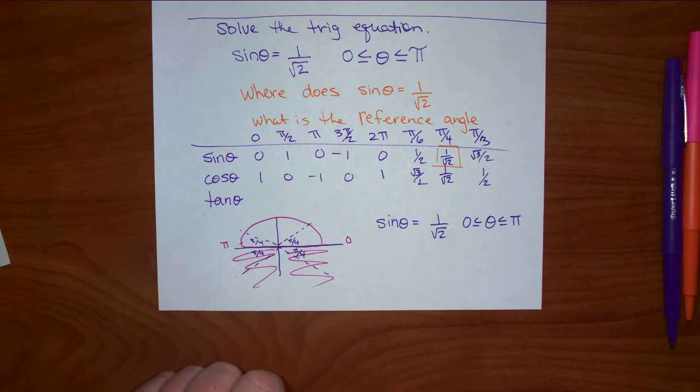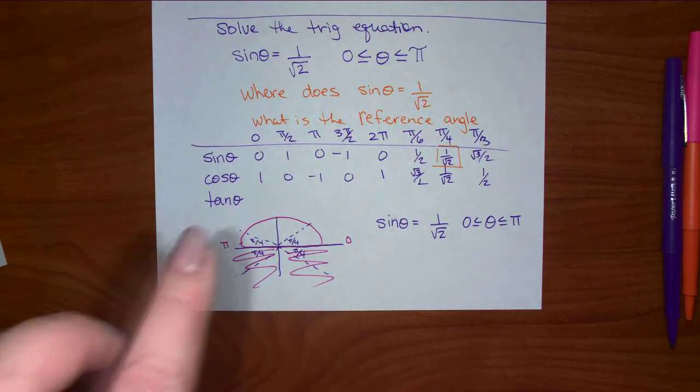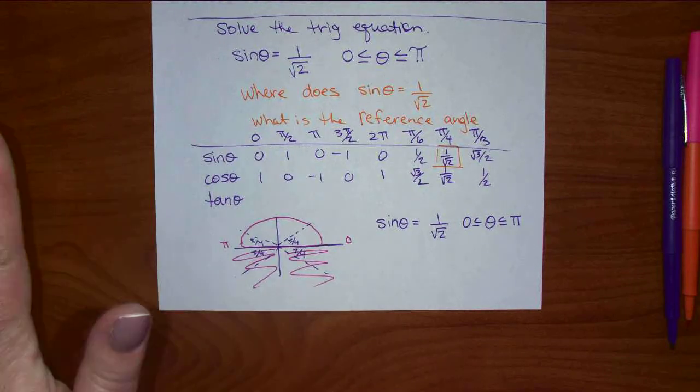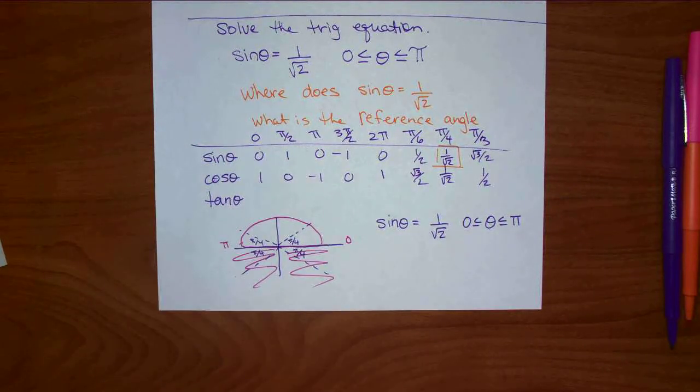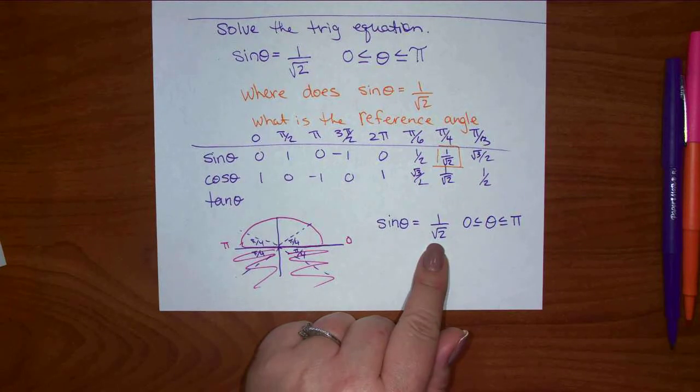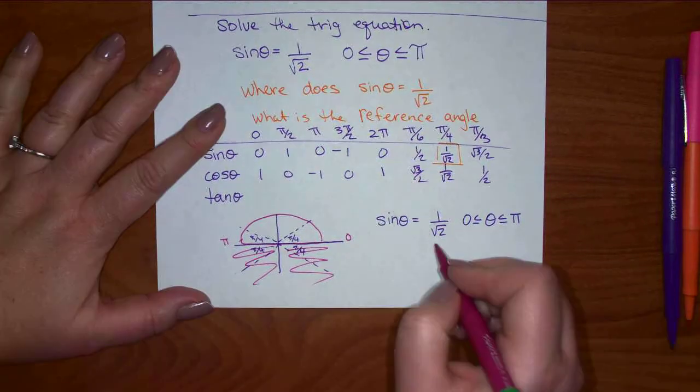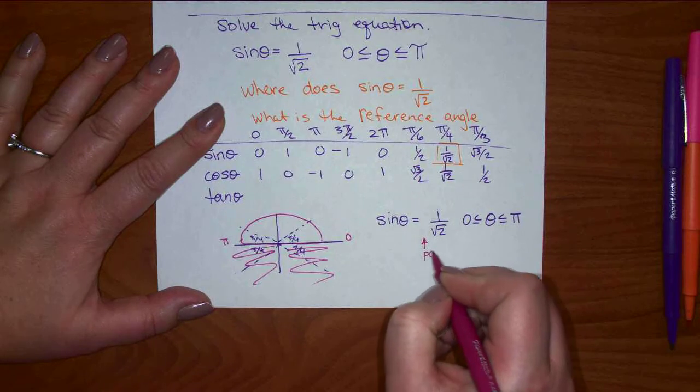How do you know which one's the right answer? What's the difference between drawing a pi over 4 in the different quadrants? Why does the quadrant matter? What does that tell us about the value? Positive or negative. What one is this? Positive. So we want the positive quadrant.